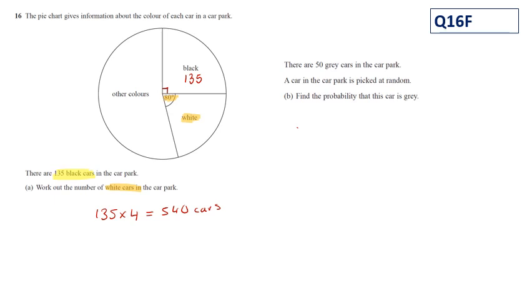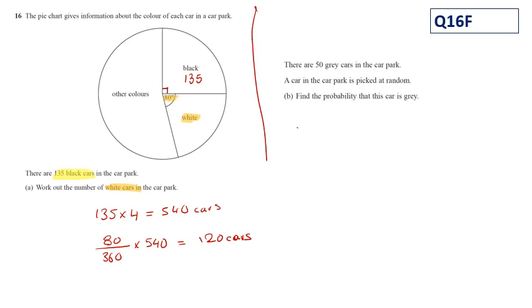So for that calculation, I'm going to write 80 out of 360 as a proportion, and multiply that with the total number of cars in the pie chart. So that's 540. Now if I type this into the calculator, I'll get an answer of 120 cars.